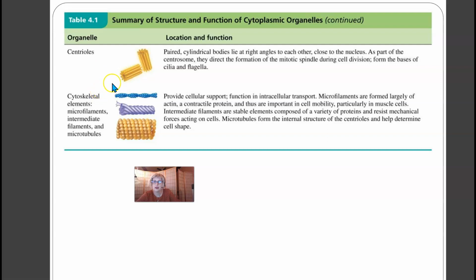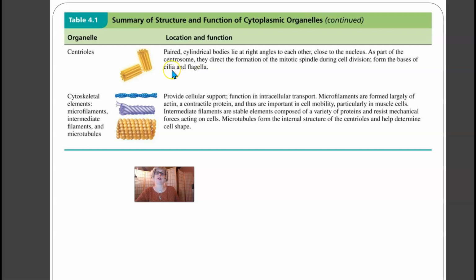Okay, so the location is in the cytoplasm. The centrioles are 90 degrees to each other, and they form the mitotic spindle during cell division. They form the bases of cilia and flagella. So flagella are the tail end of sperm, so that's the only place where you'll see flagella. And cilia you'll see in specialized cells in the body.